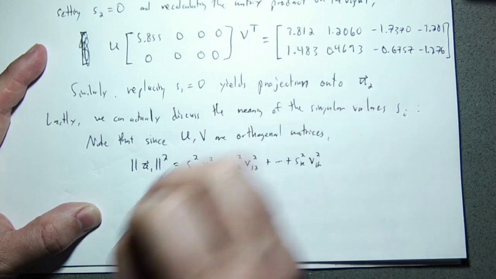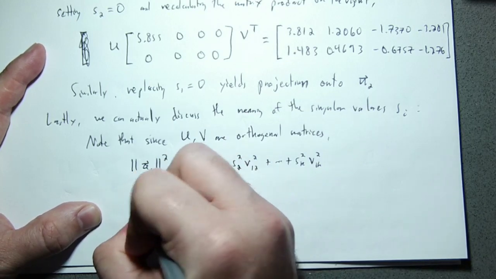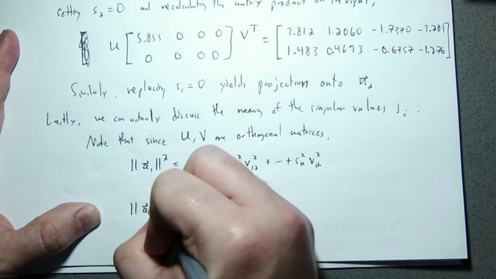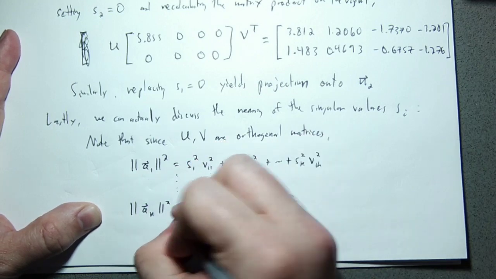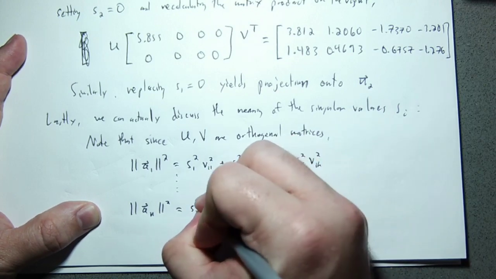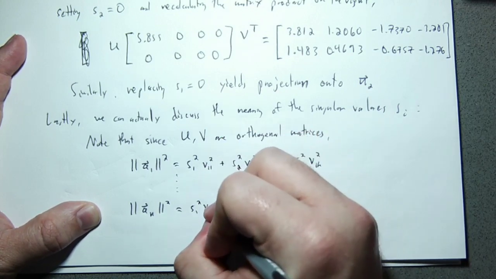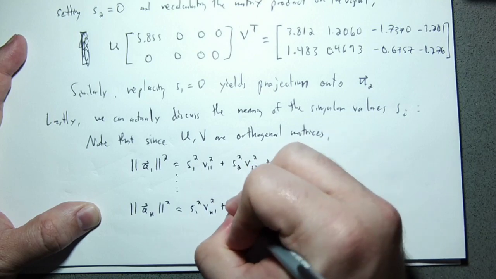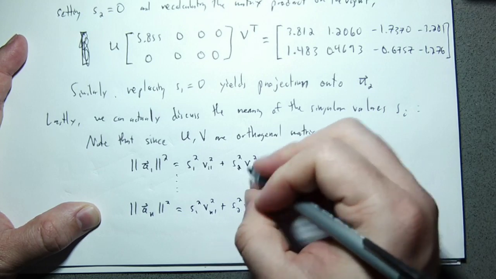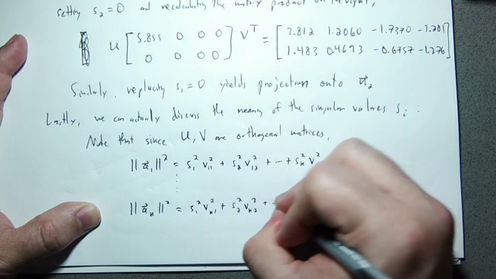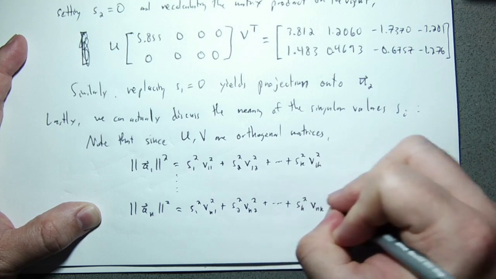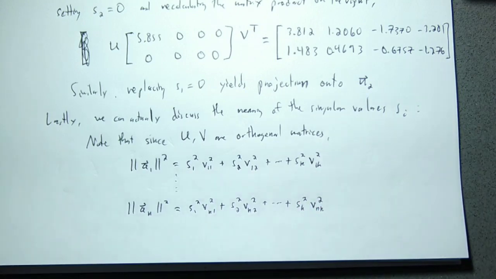And that is true for all of these. So the norm squared of a sub n is S sub 1 squared V sub n1 squared plus S sub 2 squared V sub n2 squared, all the way out to S sub k squared V sub nk squared.